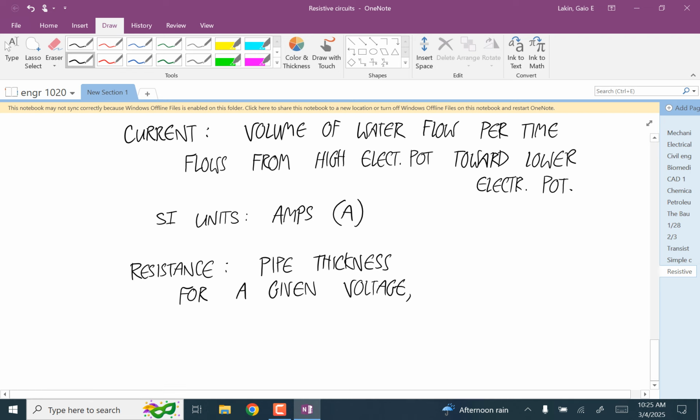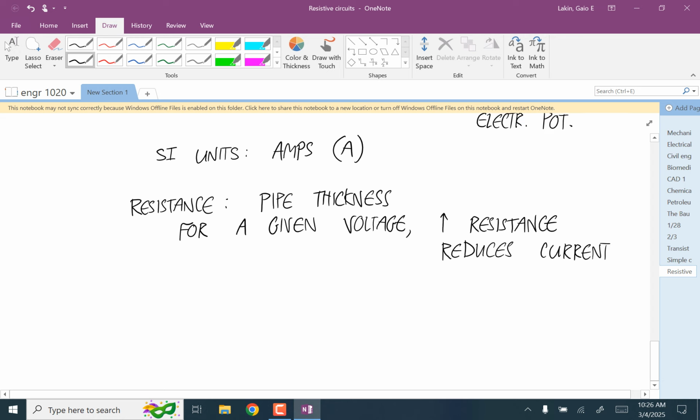So for a given voltage, a higher resistance reduces the current, and a lower resistance increases the current.